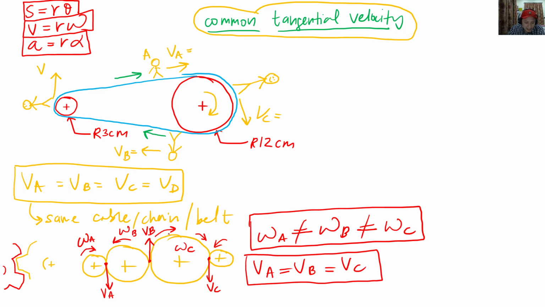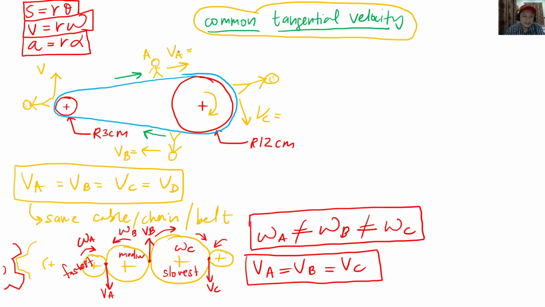The biggest wheel is the slowest, the medium wheel is medium, and the smallest wheel is the fastest.